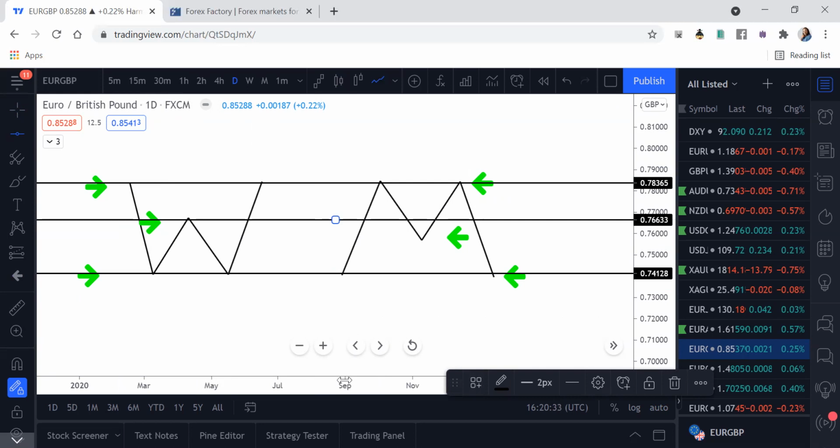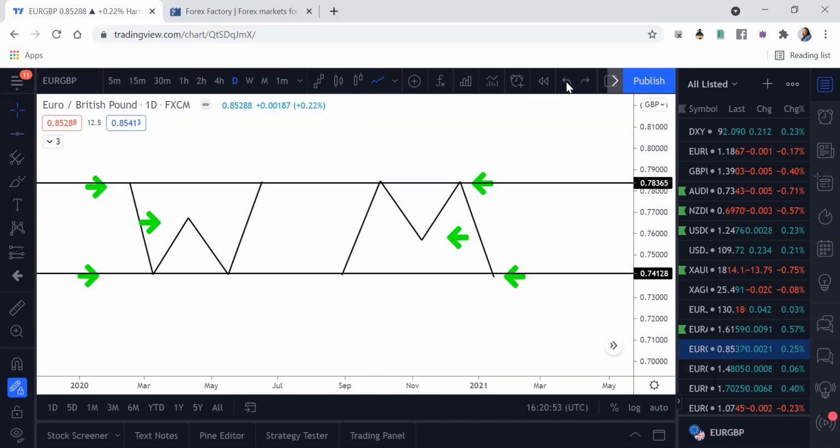You will see how easy it becomes for you to identify clear support and resistance structure using this method. It's going to be that easy. So let's look at it.